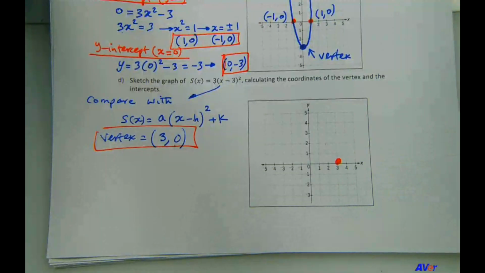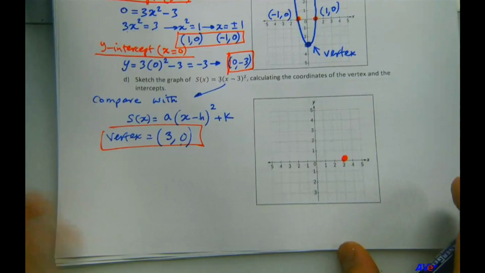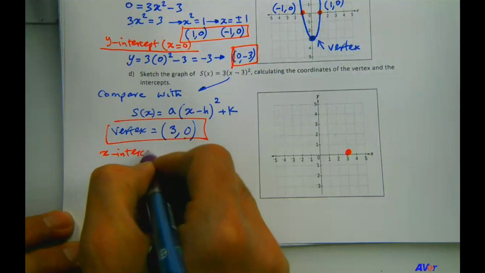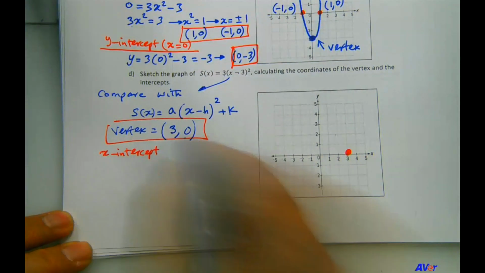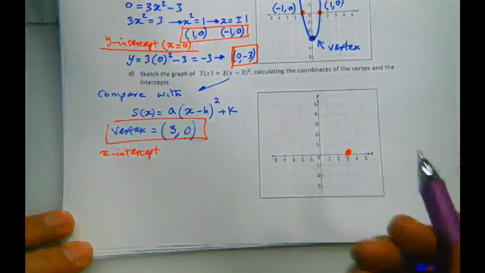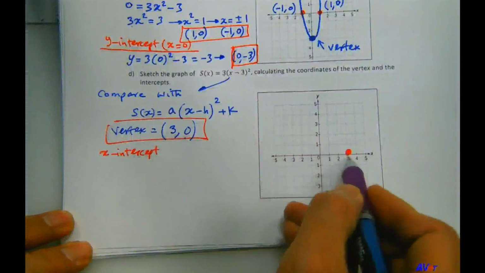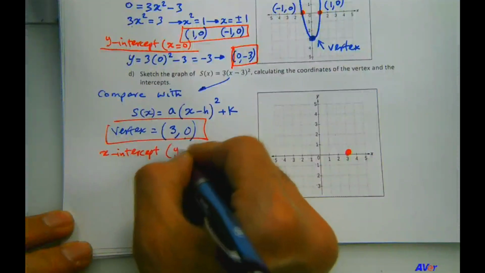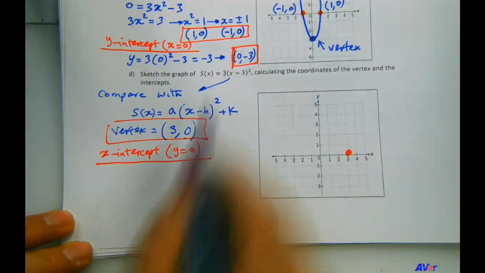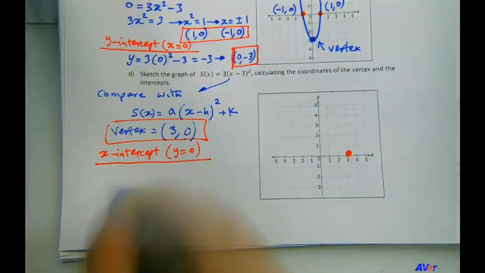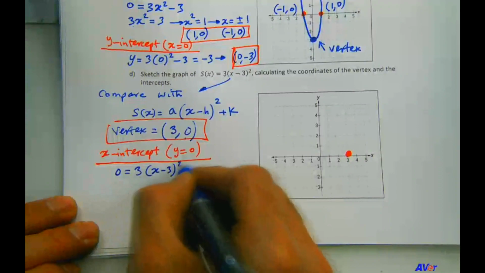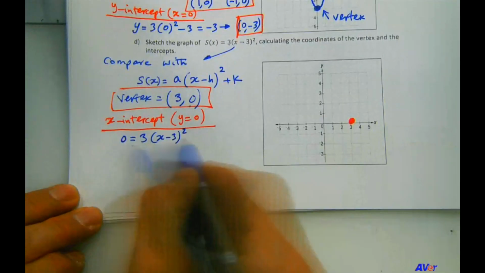Okay? So let's find the x-intercepts. In this case, it's probably going to be that, but I want to show it anyway. It's going to be 3, 0. The x-intercept is found by replacing y, or s of x, with 0. So 0 equals 3 times x minus 3 squared. Divide both sides by 3.